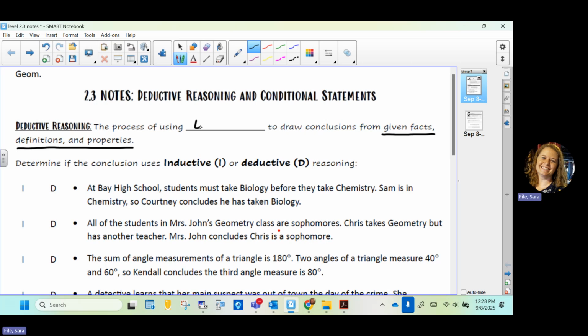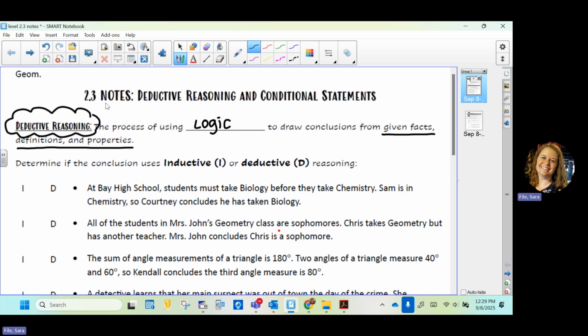So it's the process of using logic to draw conclusions from given facts, definitions, and properties. That's deductive reasoning as opposed to inductive. Inductive used patterns and examples.